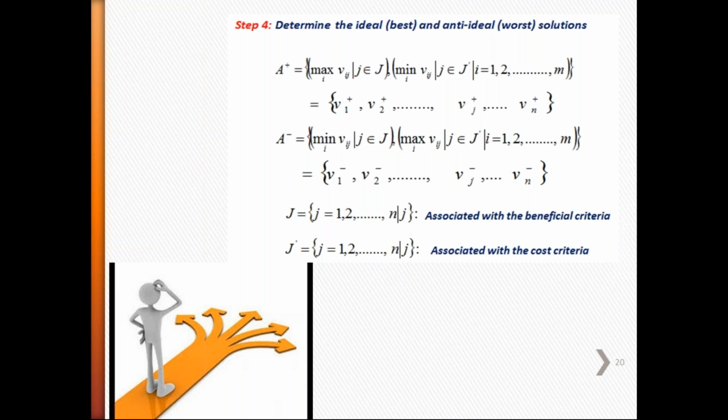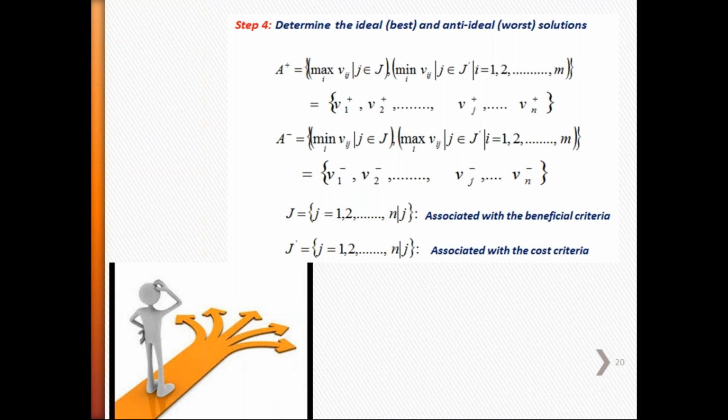Now two standards of comparison, that means two hypothetical alternatives A plus and A minus, have been decided, and their corresponding criteria values are decided. Now for each individual alternative, you have to compute the distance once with respect to A plus, the ideal alternative, and with respect to A minus, the anti-ideal alternative.